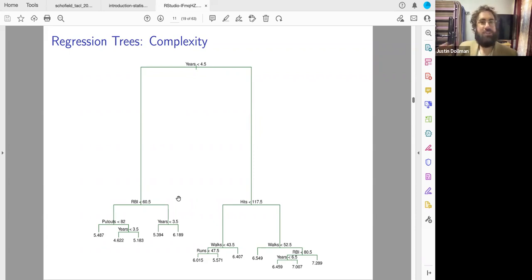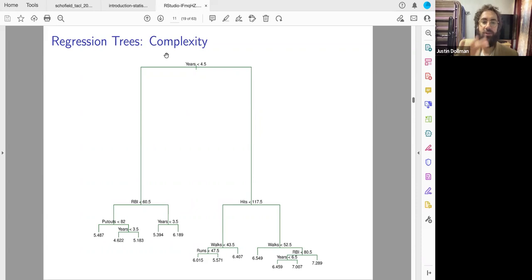They say at first blush, that's a good way to do it. But they point out that that stopping rule is too myopic. You can maybe not have a good split somewhere, so it reduces residual sum of squares by not very much, but then the following one will reduce residual sum of squares by a lot. So that's why that particular one isn't used. Yeah, I thought that was interesting.